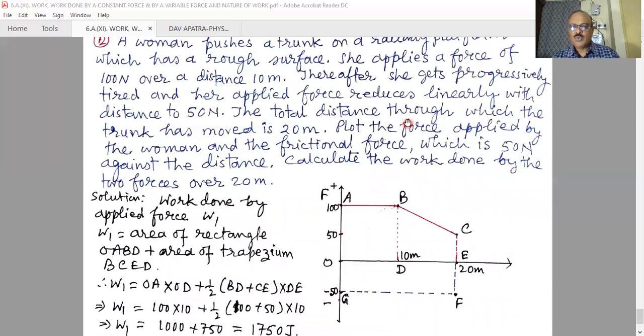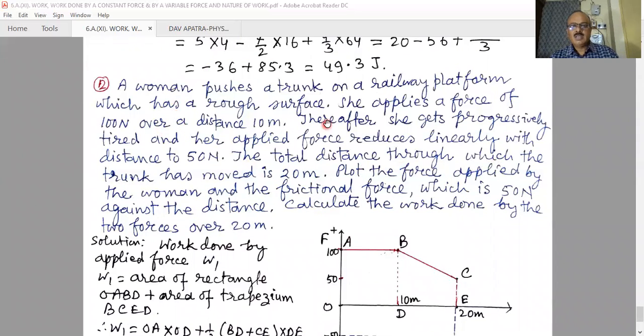The total distance through which the trunk has moved is 20 meter. Plot the force applied by the woman and the frictional force, which is 50 Newton, against the distance. Calculate the work done by the two forces over 20 meters.